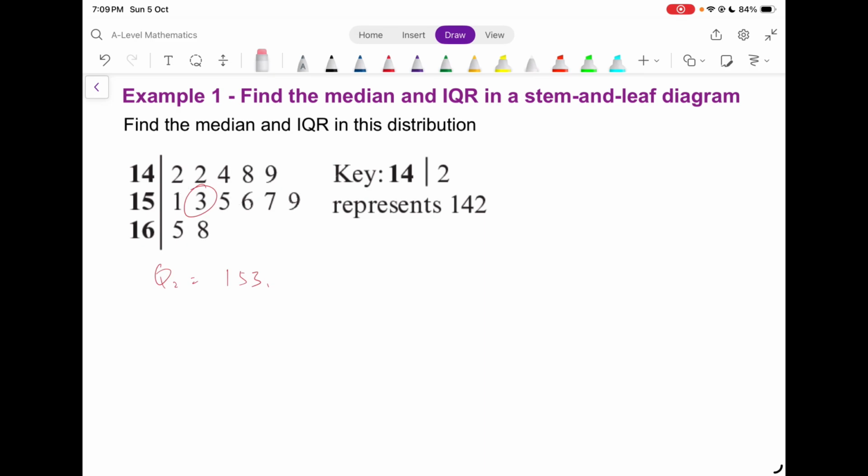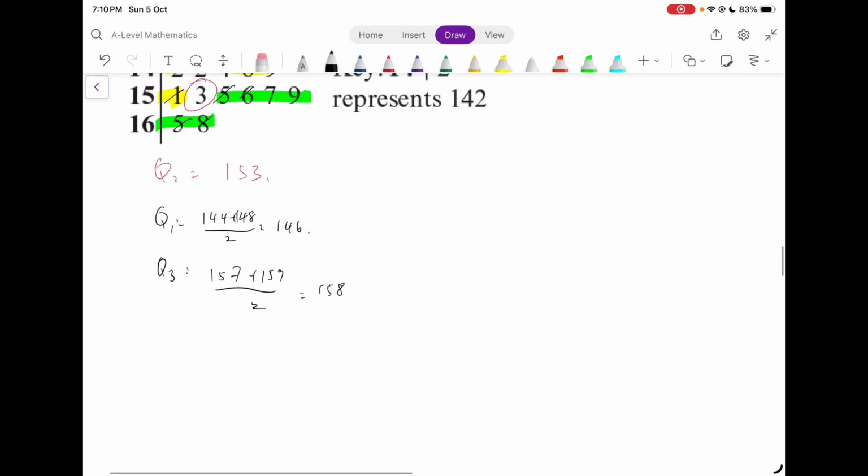Now we split into left and right. The yellow one is Q1, so cross cross cross, it is between the 4th and 8th values: 144 plus 148 over 2, so the middle is 146. For Q3, 157 plus 159 over 2 equals 158. So the interquartile range is 158 minus 146, which is 12.